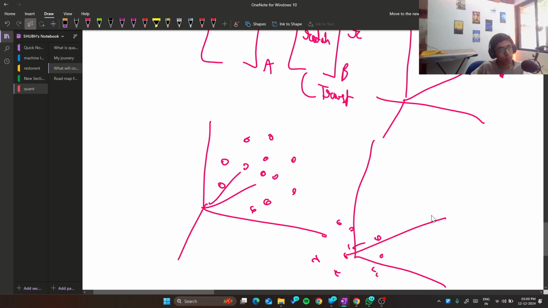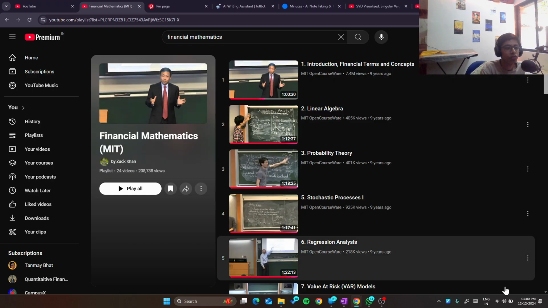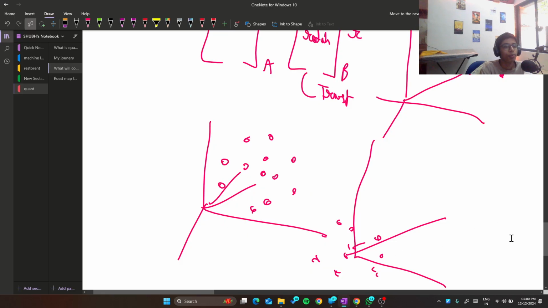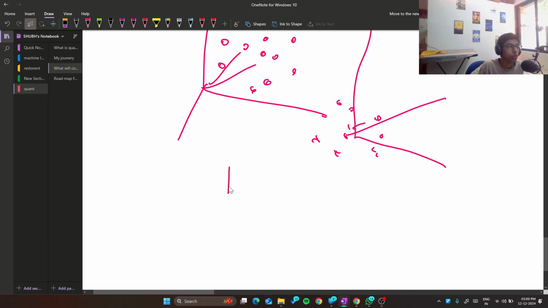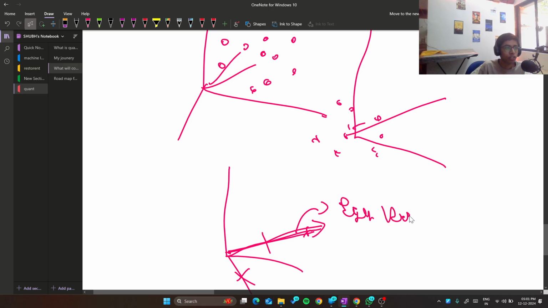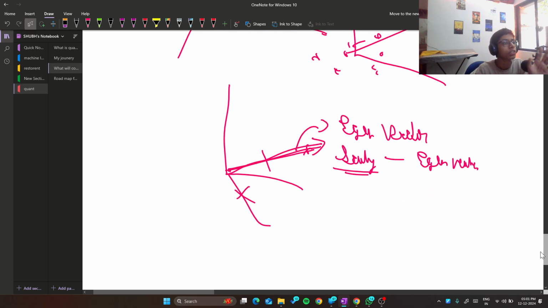But there is some kind of vector, or you can say data point, that does not change its position, it is just scaled by some factor. That kind of vector is called an eigenvector. And the number by which it is scaled is called the eigenvalue. The eigenvalue is a scale number, a factor that scales the eigenvector.